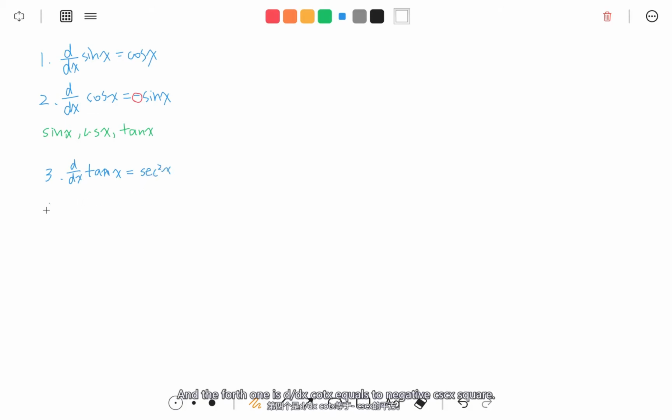And the fourth one is d/dx cotangent x equals negative cosecant x squared. These two are pairs of tangent and cotangent. Tangent corresponds to secant, and cotangent corresponds to cosecant. Still, the negative sign in the fourth formula is really easy to forget.